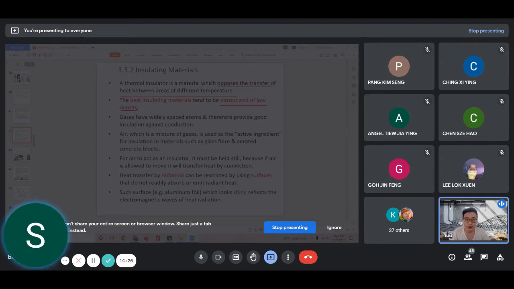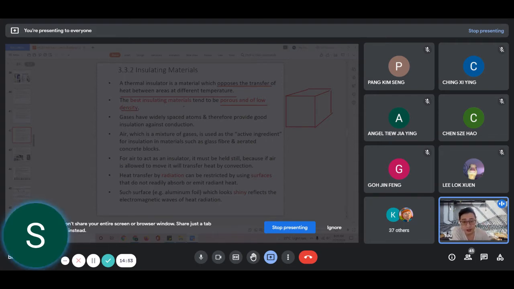So what if it's a material with very high density and not porous, meaning you have a block of material, very dense and very heavy. Let's say metal. We know that metal is a very dense material.